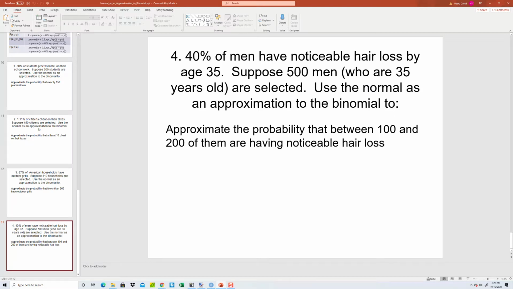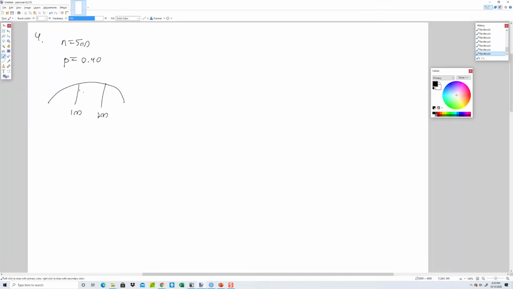Now I said you can assume that it includes those, which means over here I'm going to subtract 0.5. Over here I'm going to add 0.5. If our wording includes those numbers, our shading has to include those numbers. Now you don't need to worry about that, and we'll see why.